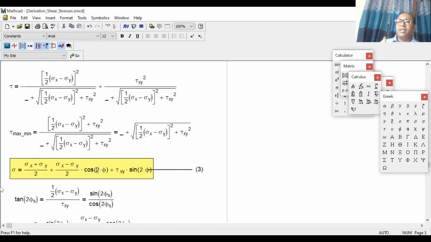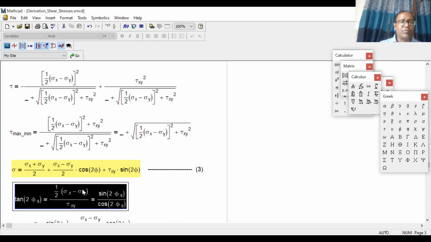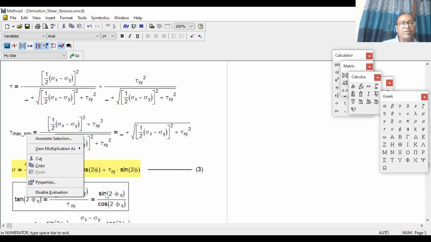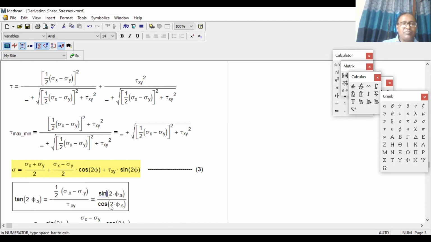But no, I like to get it mathematically. How can we do it? So I just use this condition, where shear stress is maximum. What is that angle? This is the formula. Tan 2 phi s equals this formula. So this tan 2 phi, I simplify and write down as sin 2 phi by cos 2 phi. Okay.